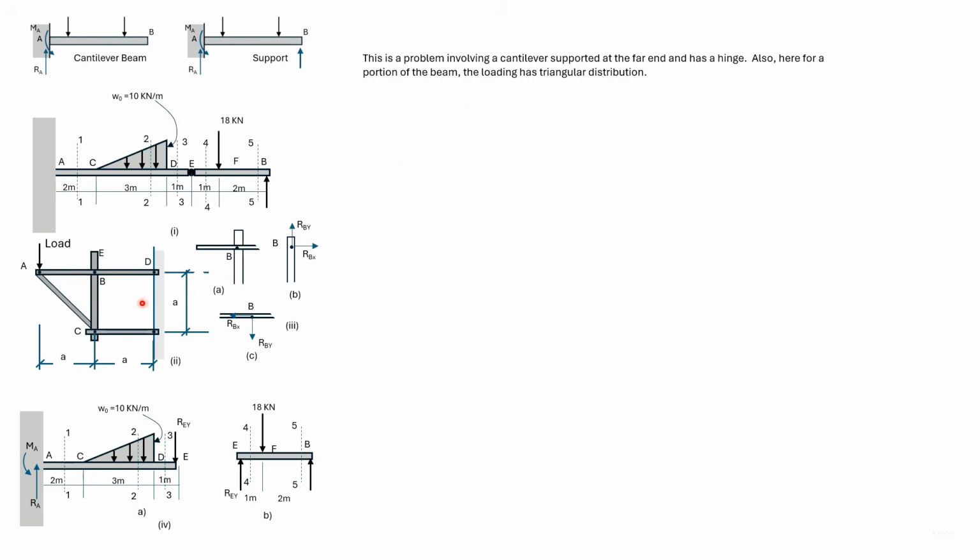The pin B in turn exerts forces on the members ABD and EBC. So the pin will exert an equal and opposite force on the member ABD and on the member EBC.